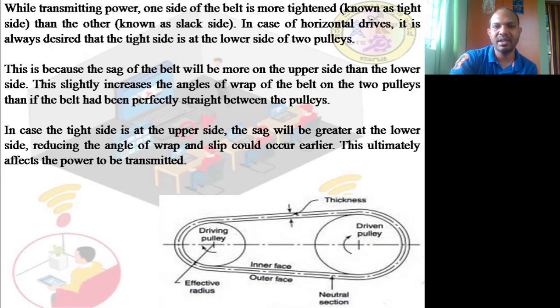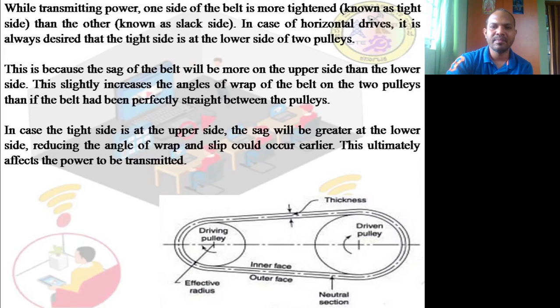While it is the same material, when it is going downwards, it will experience the tight side, that is more tension, whereas when it passes through the pulley, it will experience the slack side of the belt. This is because the slack side of the belt will be more on the upper side than the lower side.